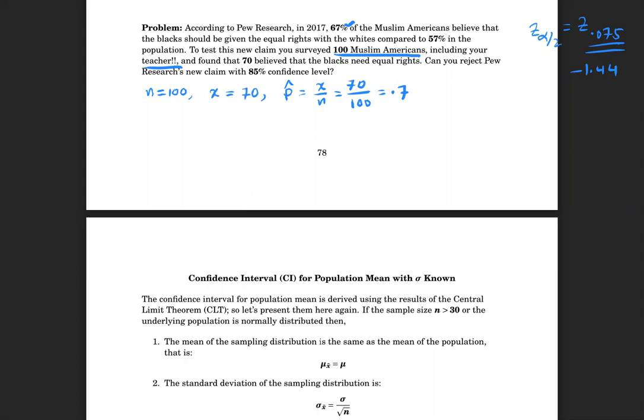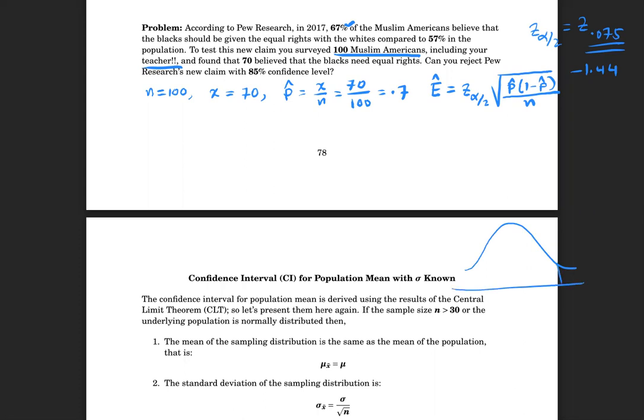Now, look, we need to find the margin of error, which is easy. We have found it many times already. Z sub alpha over 2 times the square root of p hat times 1 minus p hat, all of it divided by n. And of course, let me just draw the thing here.